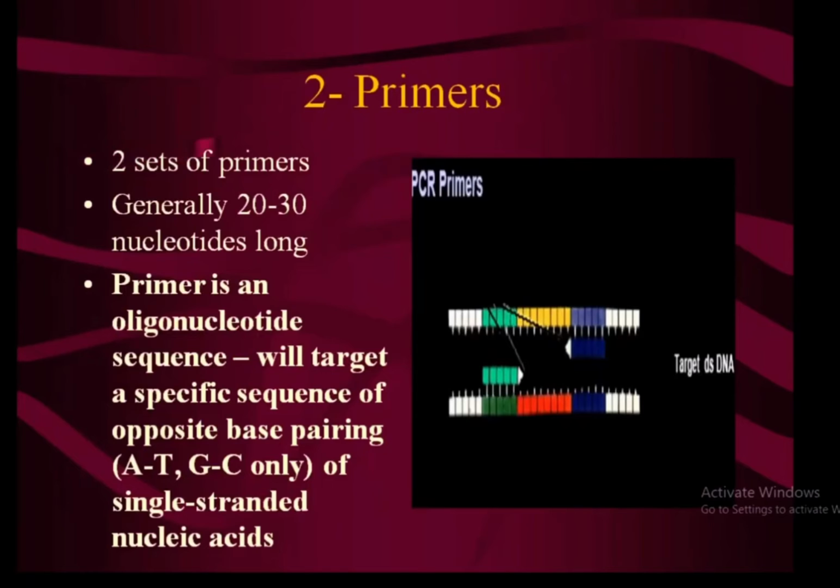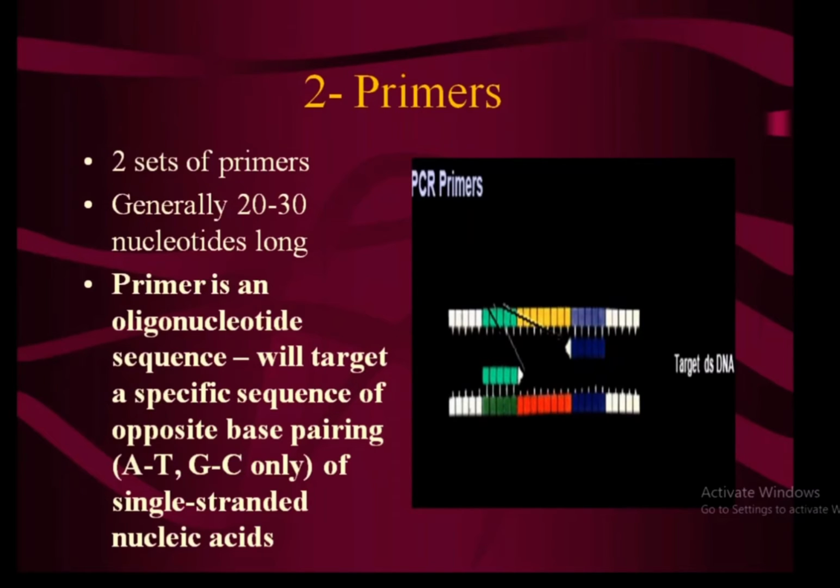There are 2 sets of primers for the 2 strands of DNA. Each primer binds to its particular strand, and a primer is a 20-30 nucleotide long sequence with complementary bases which can bind to the DNA.